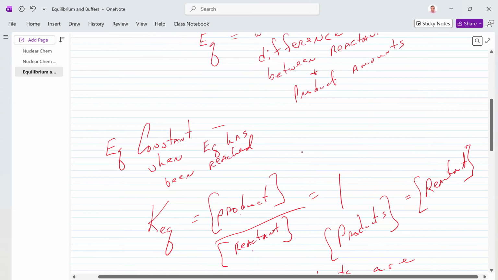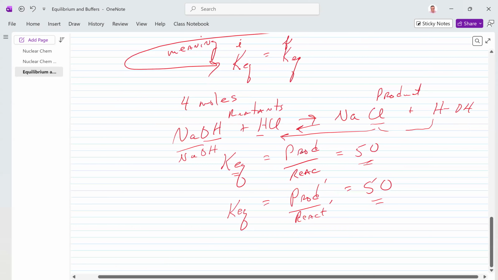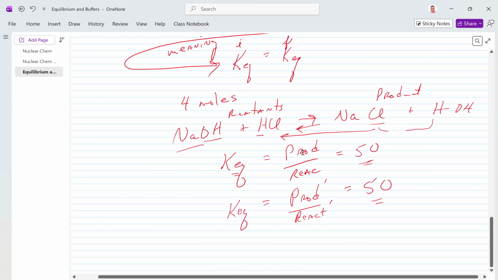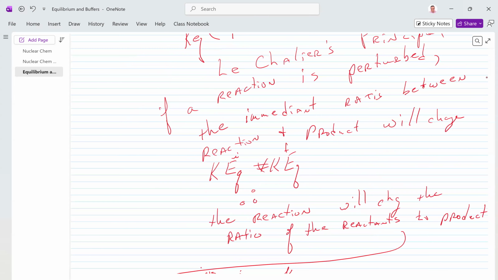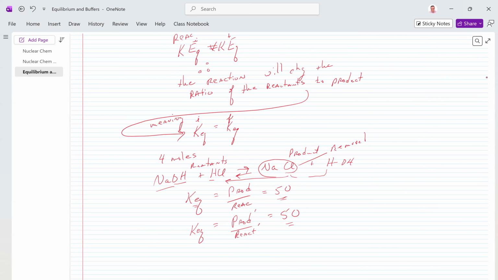Okay, let's look at this equation again. What if we removed some sodium chloride?